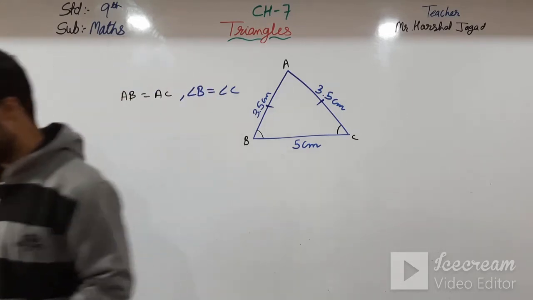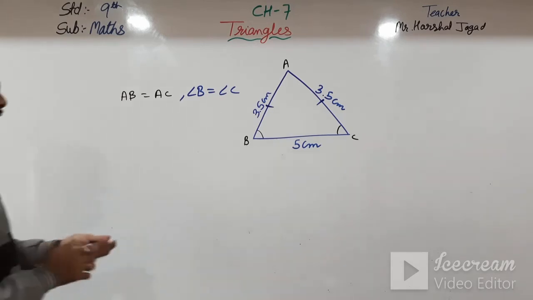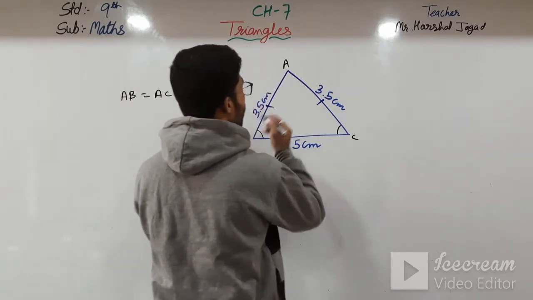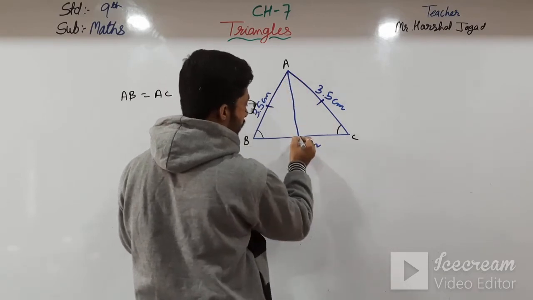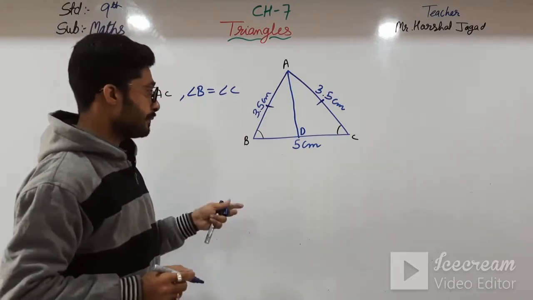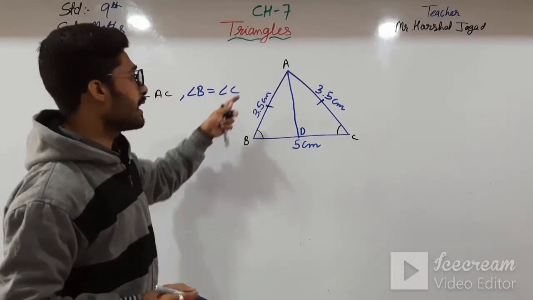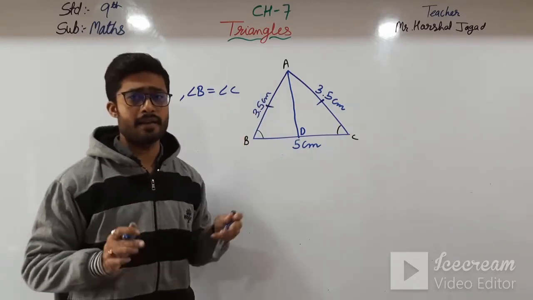Here they have told us to draw a bisector from here, D. This is the bisector AD. Okay. Now they are telling us about angles ABD and ACD. These two angles we get, yes or no.